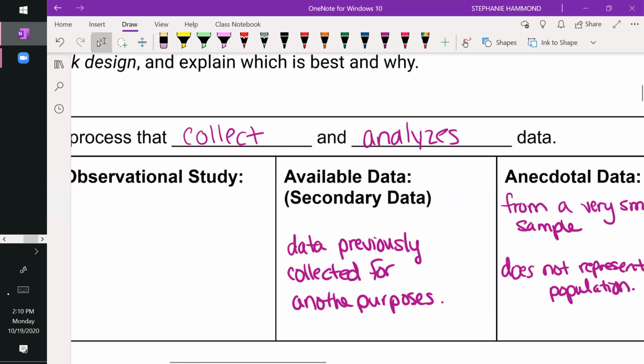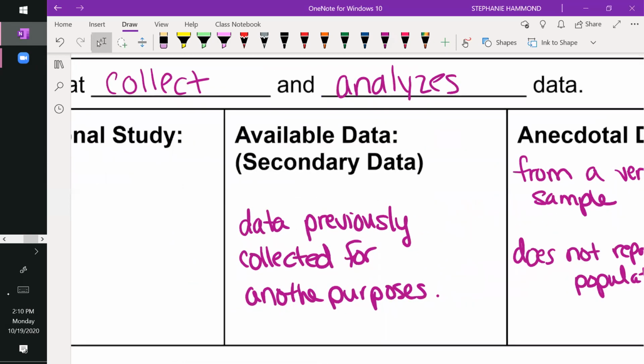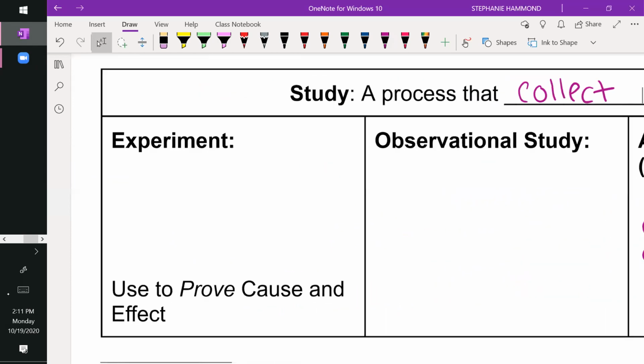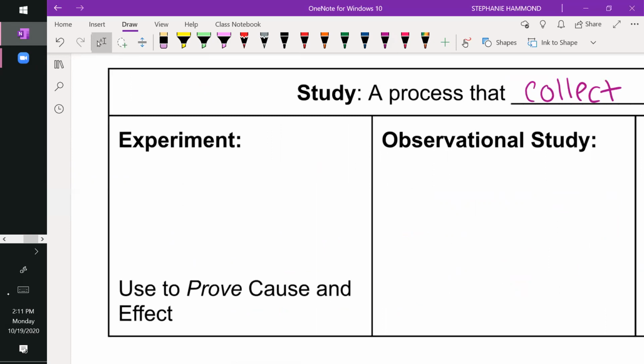So if we go and look at available data, we want to make sure that the data that we're looking at does represent the entire population that we're interested in analyzing. Okay, if we want to collect our own data, we would be using one of these 2 methods, either an experiment or an observational study.